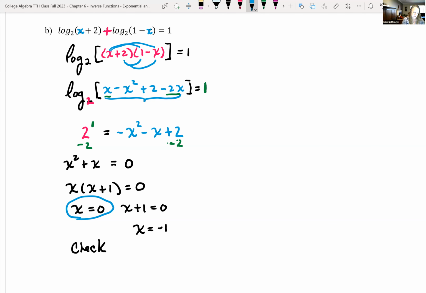Now let's look at x equals negative 1. If we go back to our original equation, I would have negative 1 plus 2 as my argument, which is positive 1. So it's positive, I'm okay. And for my second log, I would have 1 minus a negative 1, which is really 1 plus 1. So that's also positive. These both give me logs of positive numbers, and so we can use both of those as our solution.